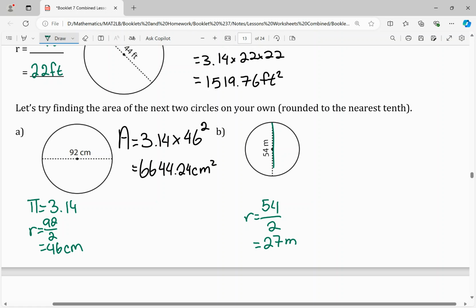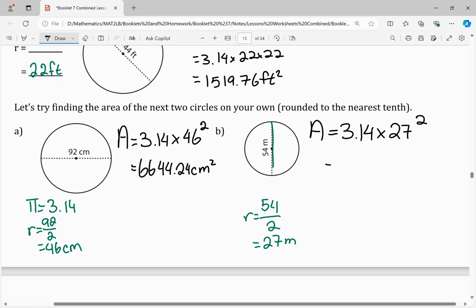So our area is equal to pi 3.14 times the radius squared. Again, using the squared button on my calculator this time to save some time, I get an answer of 2,289.06 meters squared.